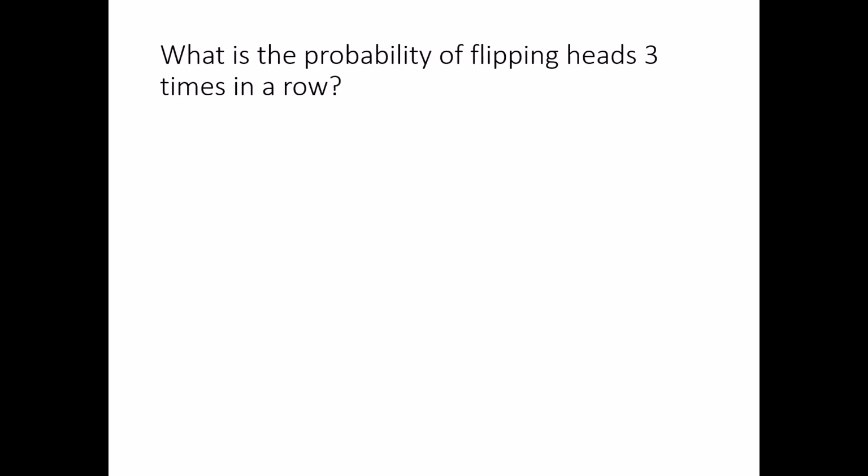Okay, this time we're going to look at 3 events. Same process, we're just going to have 3 things happening. So we want the probability of flipping heads 3 times in a row. So the first time we flip our coin, we have a 1 out of 2 chance of getting heads. The second time we flip our coin, we have a 1 out of 2 chance of getting heads.